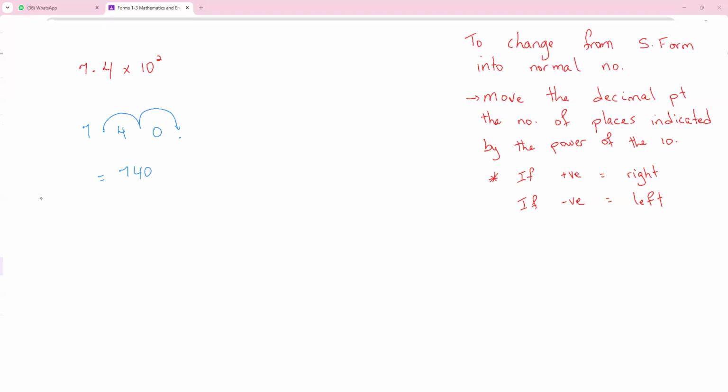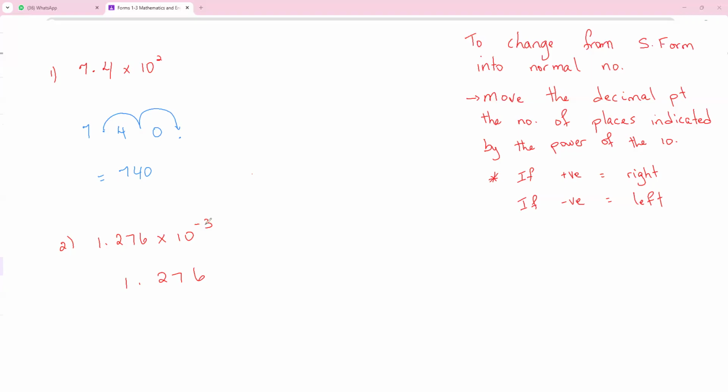Let's take a look at another. So let's say they gave us 1.276 by 10 to the negative 3. Right? So you rewrite your number and we're going to move the number of places indicated by the power of the 10.